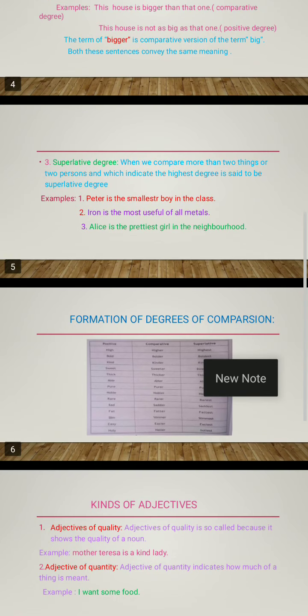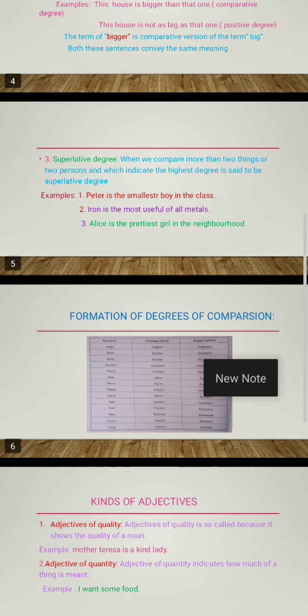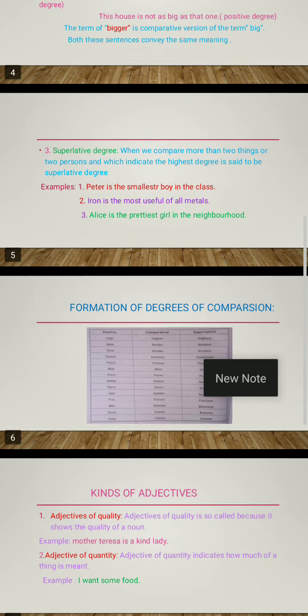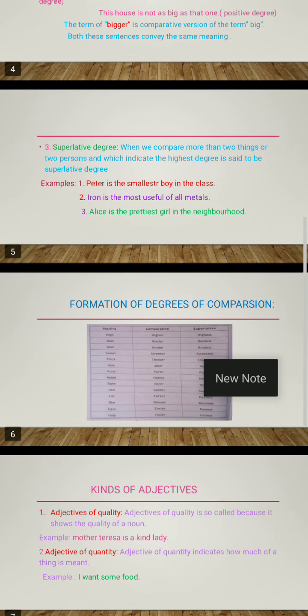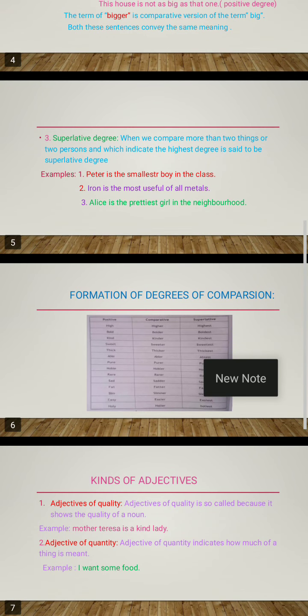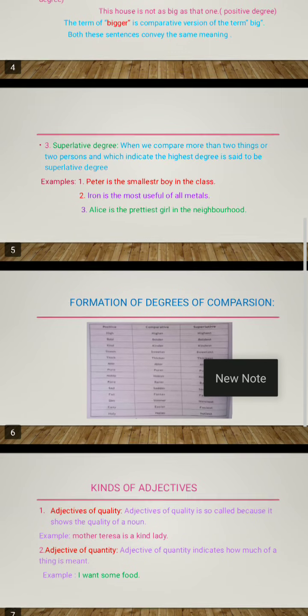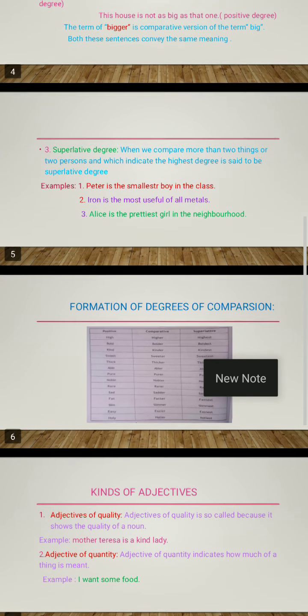Both these sentences convey the same meaning, but in one way you use it as positive degree, in another way you use it as comparative degree. In positive degree you see only so as or as.